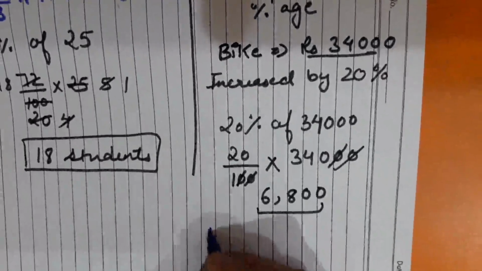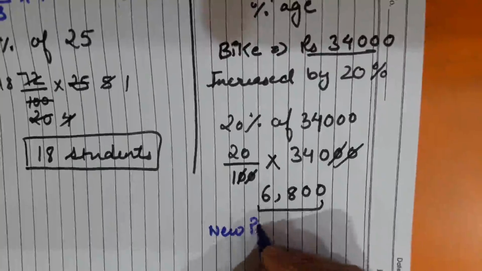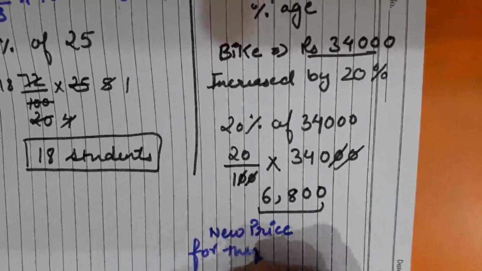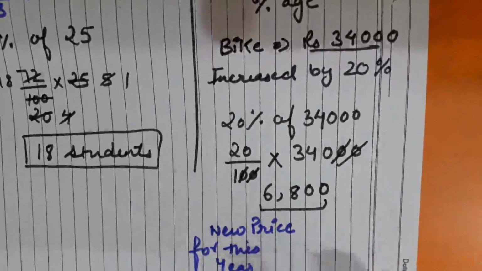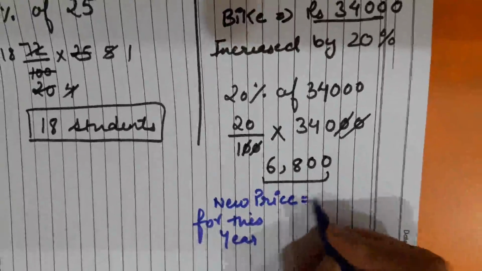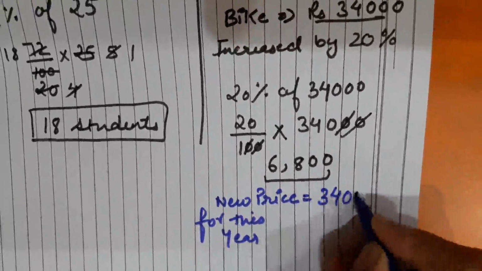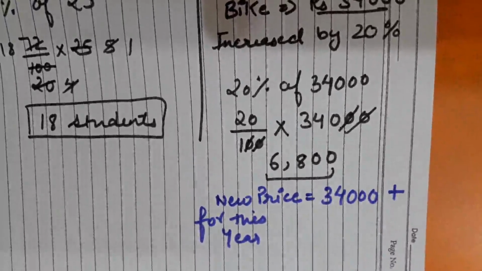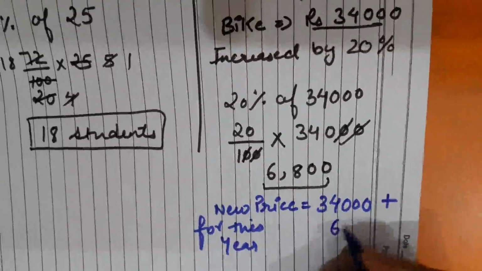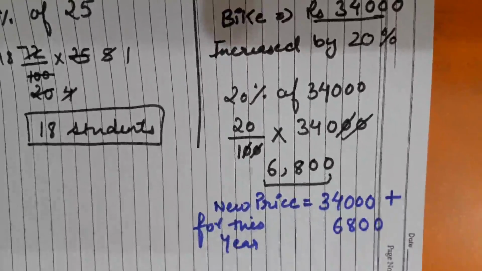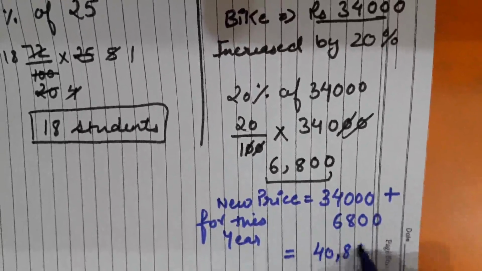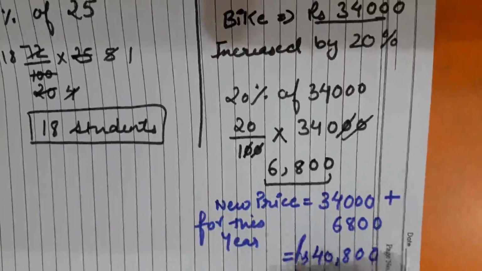So the new price for this year will be the old price, 34,000, plus the 20% which has been increased, 6,800. So the new price will be 40,800 rupees.